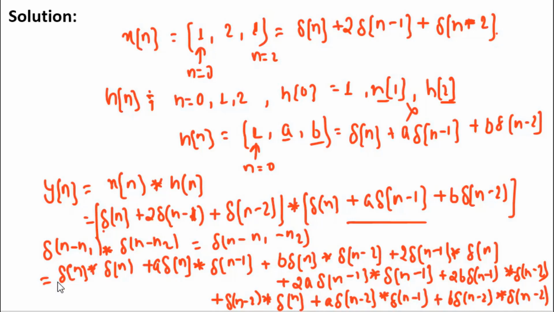So now this will give you only delta of n. Similarly, this will give you delta of n minus 1, and you can find all the convolution using this delta signal convolution operation.